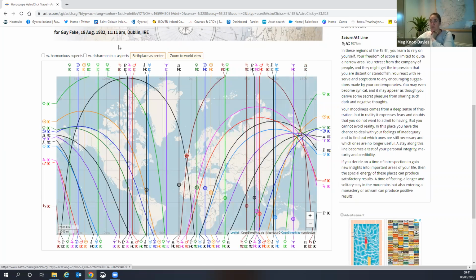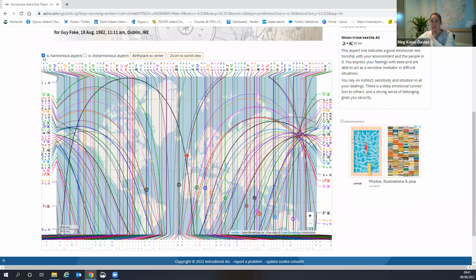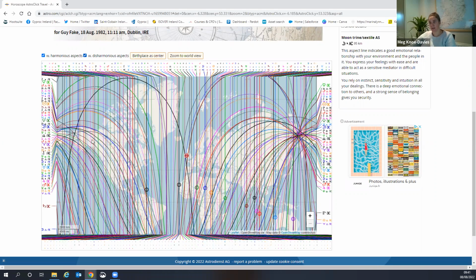Now, if you want to add harmonious aspects, this is aspects that can offer support. So the trines and sextiles in astrology. And then the disharmonious aspects are the squares. And those all layer many, many lines across the whole world. Now, people often come to me and say, I have no lines near where I live.